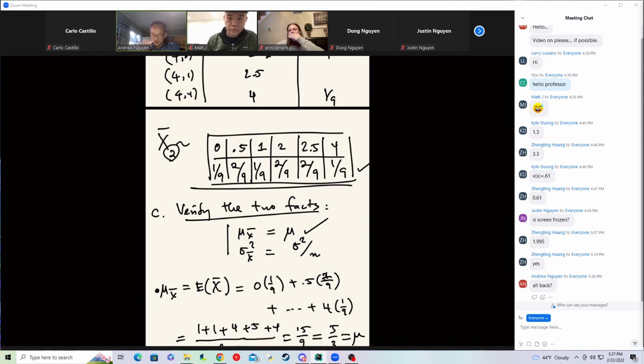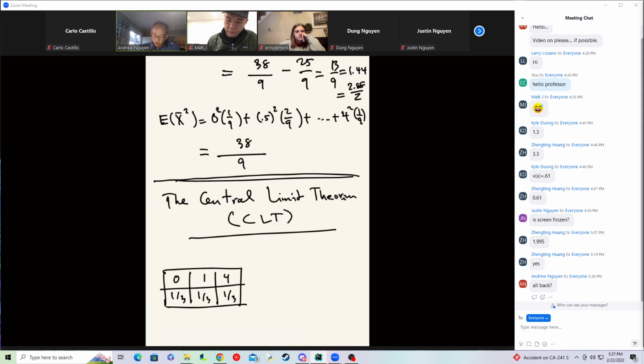Then I get the table like this, right? I can put a subscript 2 there to represent that that's the distribution of X bar when the sample size is 2. Now suppose that instead of a sample of size 2, I draw a sample of size 25, and I want to know how X bar is distributed.